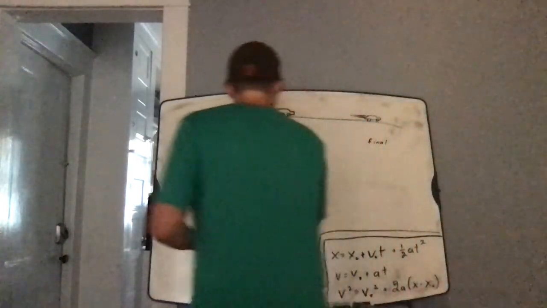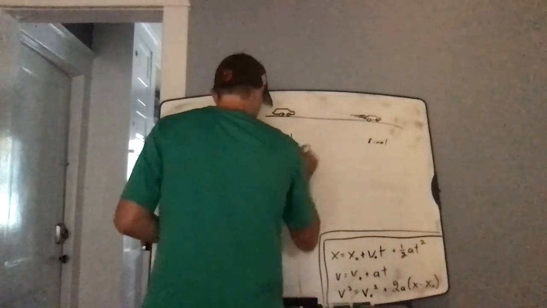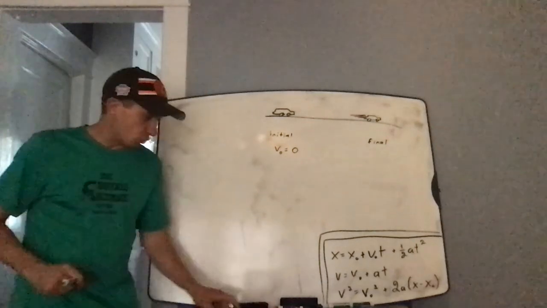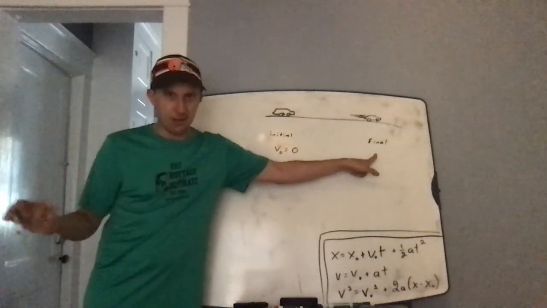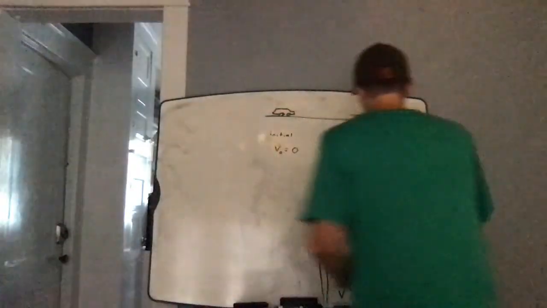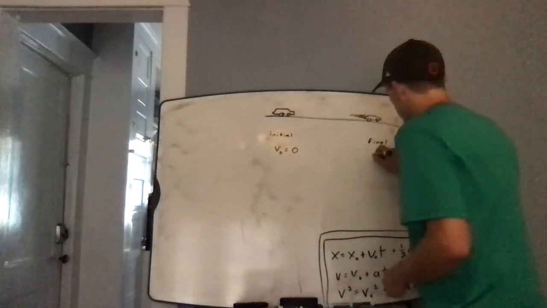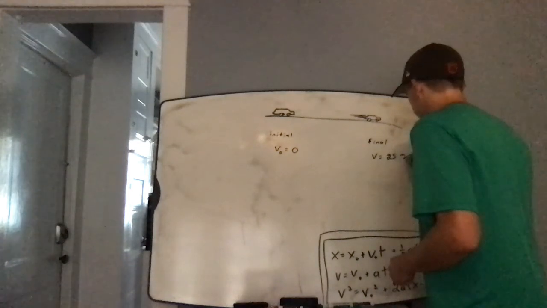So I could write here, V initial is going to be 0. It speeds up to 25 meters per second. Well, this is the final moment we're talking about. So when it gets here, it is moving at 25 meters per second. So I'm going to write V final is 25 meters per second.